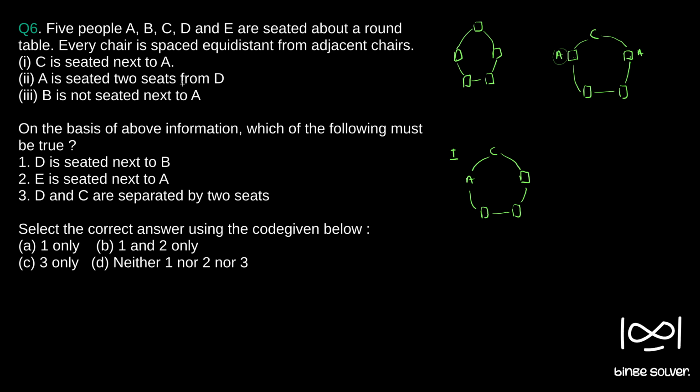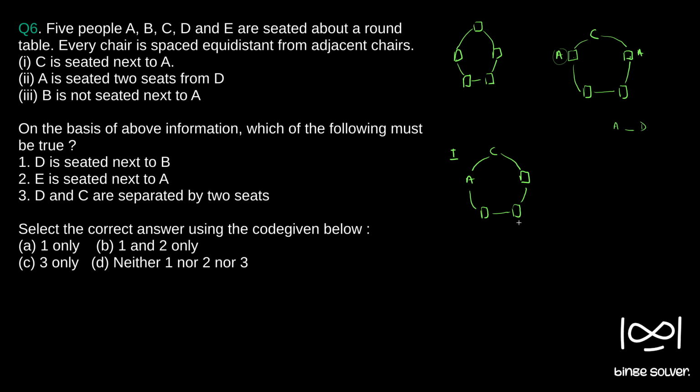Second is A is seated 2 seats from D. A is seated 2 seats from D means there is only one person between them. So it will be like A, someone, D. Whether it is in clockwise direction or anti-clockwise direction, we don't know. So there are 2 possibilities.